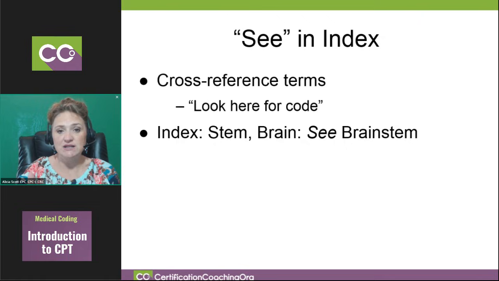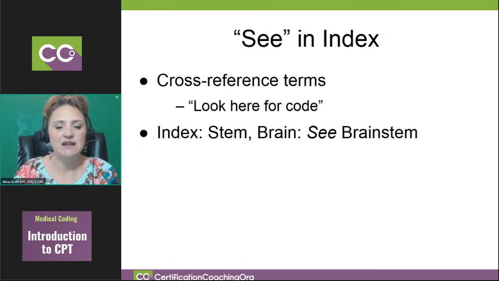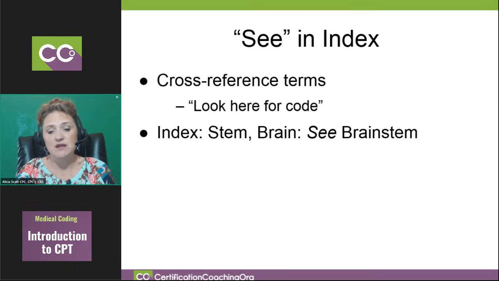Or you could just look up brain stem and it's going to be listed there. But what if you didn't know that? And that's not necessarily the best example. I can think of one off the top of my head. I should have planned ahead and had a better example for you. But again, let's use our description that's not in the medical.